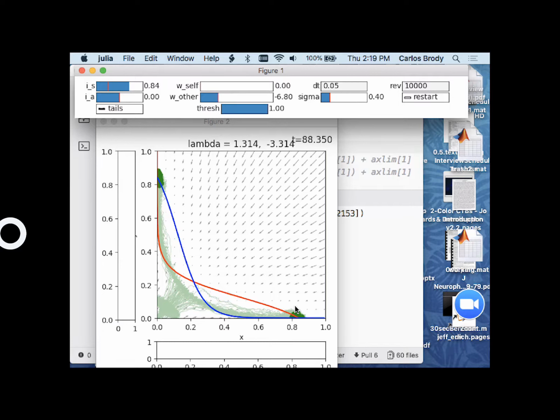We had our equations, which were x dot is minus x plus f of I sub x plus w plus x, and y dot is minus y, and the same thing, just swapping x and y.